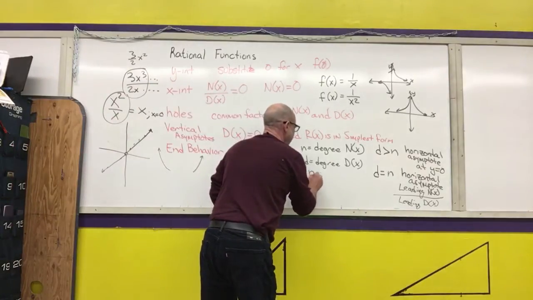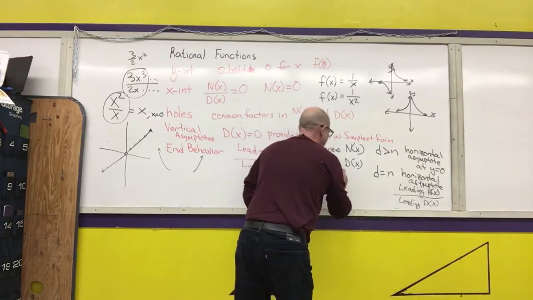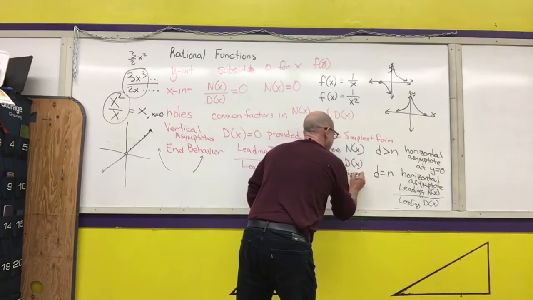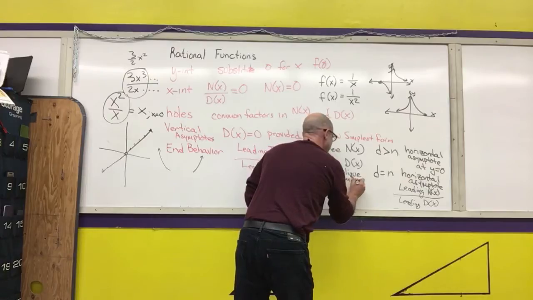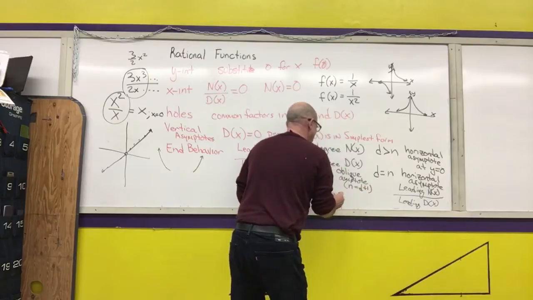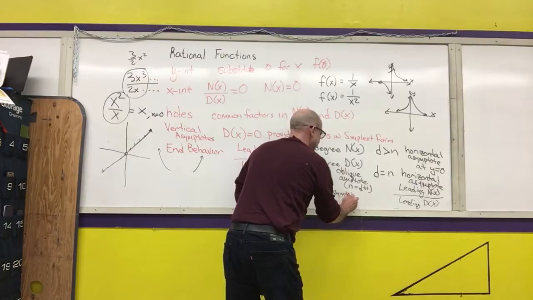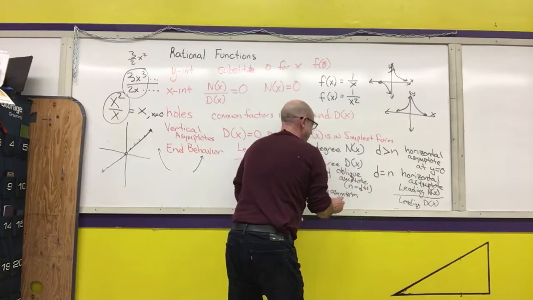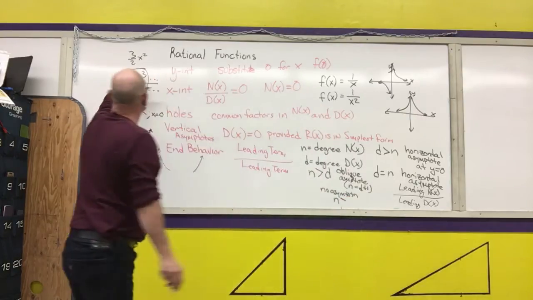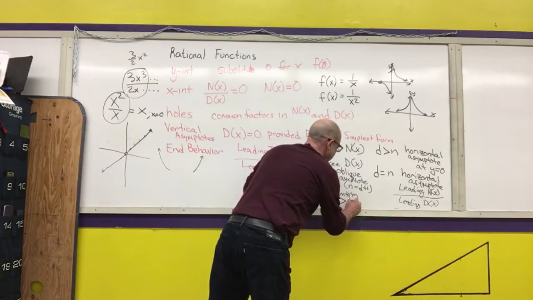So if the degree of the numerator is greater than the degree of the denominator, you are either going to have an oblique asymptote, and you get that if n is equal to d plus 1, or you're going to end up with no asymptote, and you get that if n is greater than d plus 1.